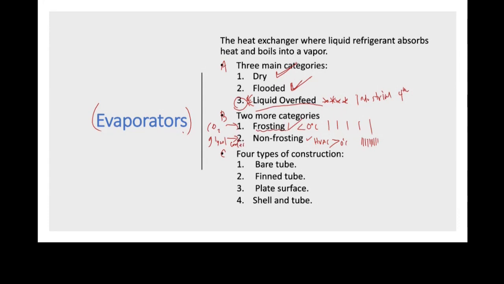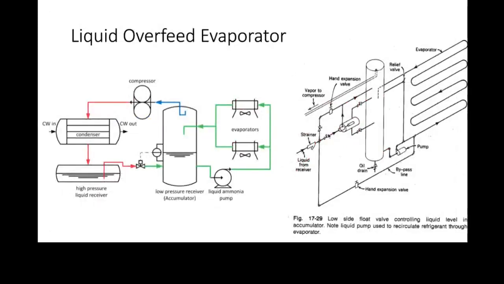But if, in fact, we did have refrigerant in there, that would be an example of the fin spacing for a non-frosting versus a frosting type of evaporator. Now, as for types of construction, this is all like rehashed from fourth. We've got bare tubes, we've got fin tubes, we've got plate surfaces, and we've got shell and tube. And I think you know all about that stuff, so you can read that over on your own.